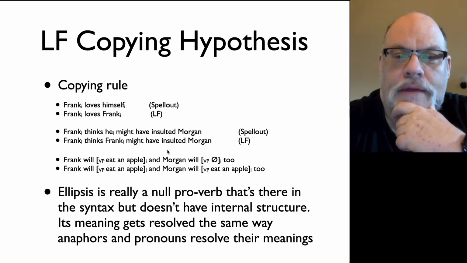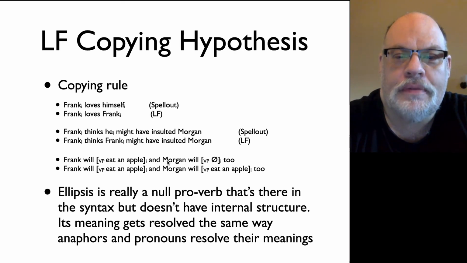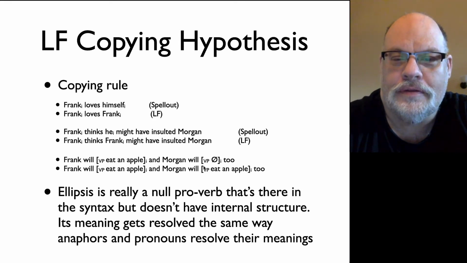Now, in the LF copying hypothesis, we propose that the same kind of operation happens with VP ellipsis. Imagine that just like there are anaphors and pronouns, there are equivalent structures that replace verb phrases, but they happen to be null. We've argued for lots of null things, so this should come as no surprise to you.